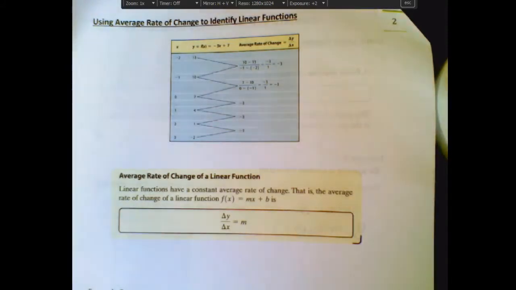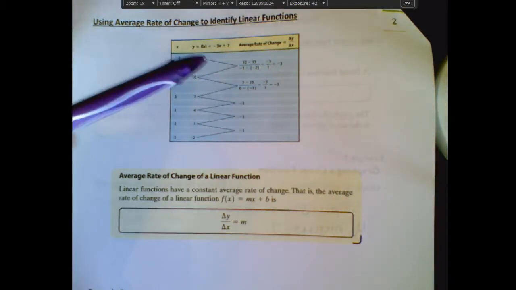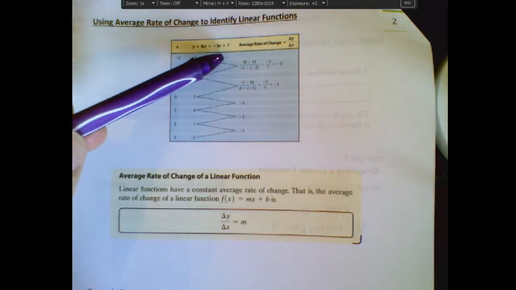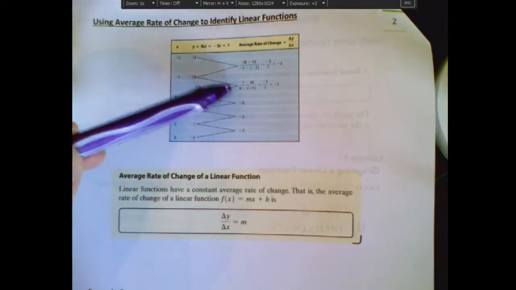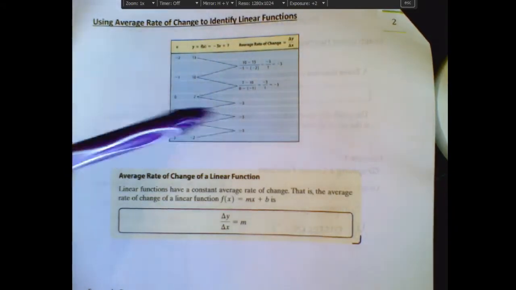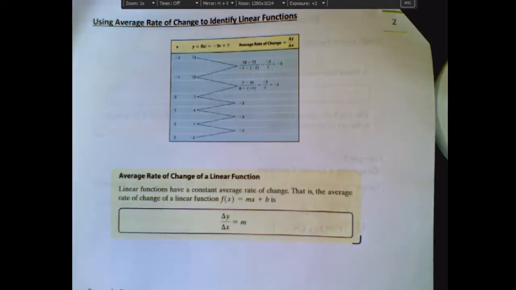And when you look at this average rate of change, or the change in y over the change in x, we consistently get -3, -3, -3, -3, -3. So this would be a linear function. Part of this then, because it has that constant rate of change, that would be considered our slope.